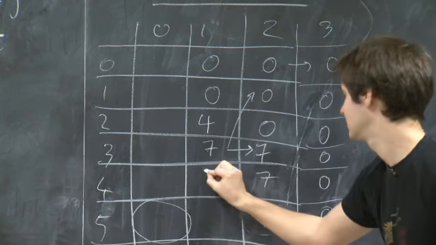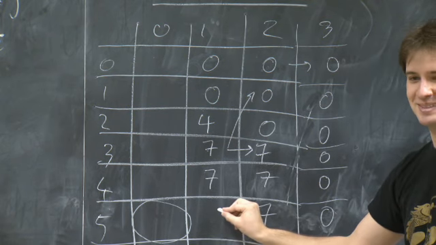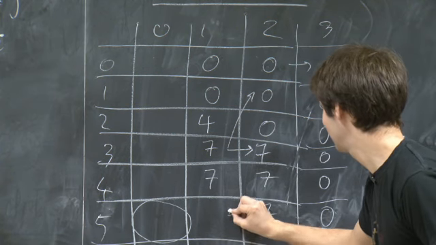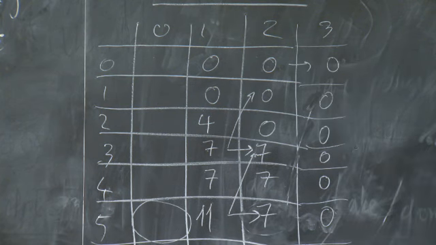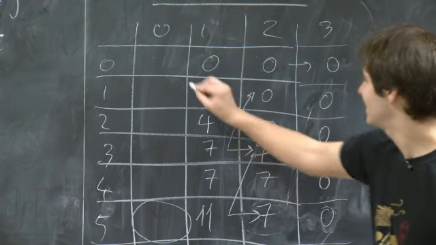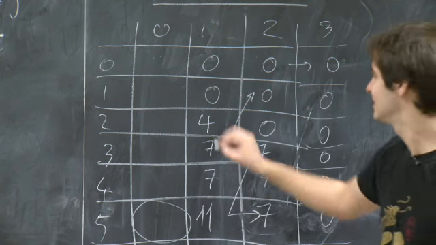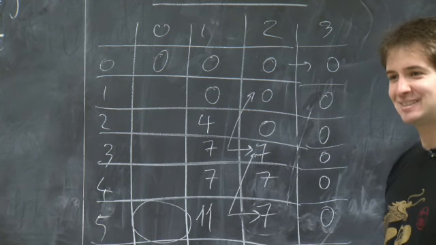11. 7 or 4 plus 7. OK? Does this make sense for everyone? Last column. Let's do it. 0. Feels like 0. All right. 0 again.